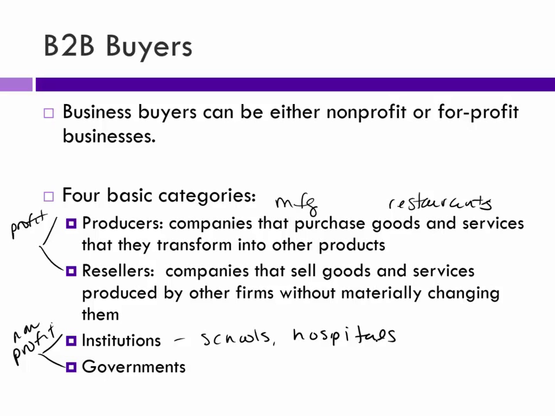Again, even if I'm a nonprofit, like United Way or something like that, they still are trying to get the best deals and save the most money. And for these guys, sometimes holding costs down is even more important, because they don't have revenue. It's even harder for them to raise revenue.